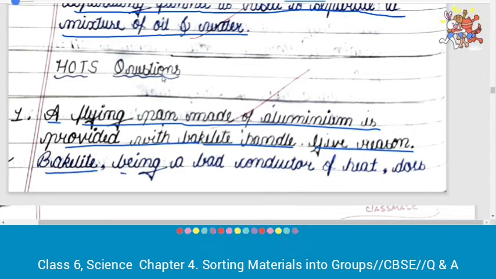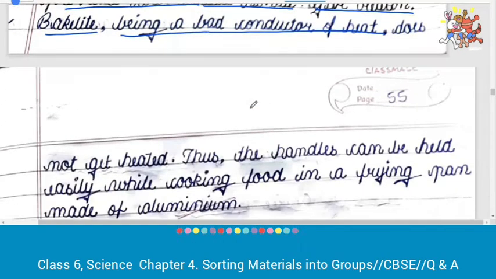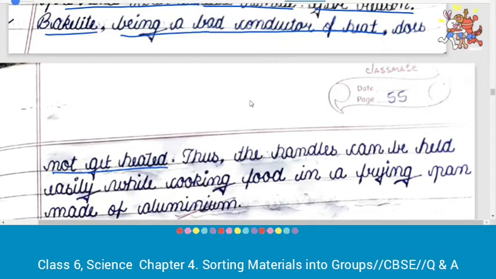Bakelite, being a bad conductor of heat, does not get heated. Thus, the handle can be held easily while cooking food in a frying pan made of aluminium.